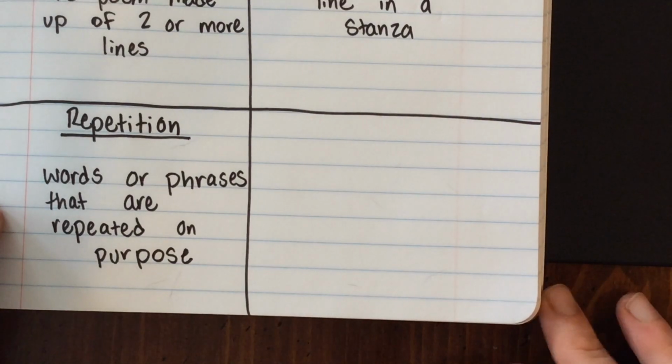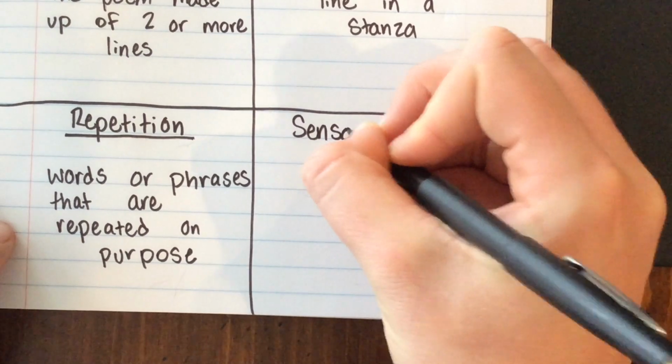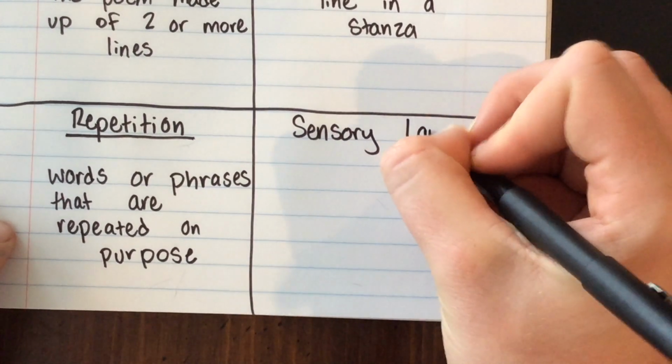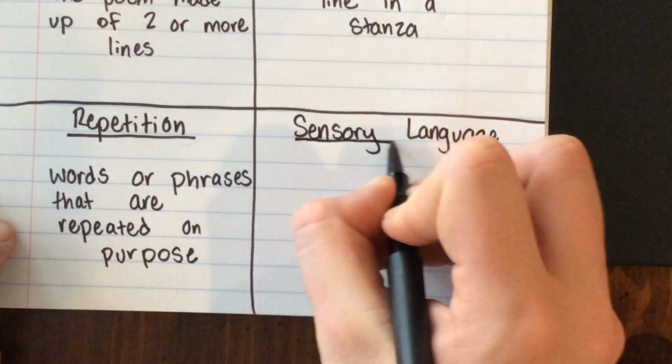All right, and the last element of poetry is sensory language. Sensory language.